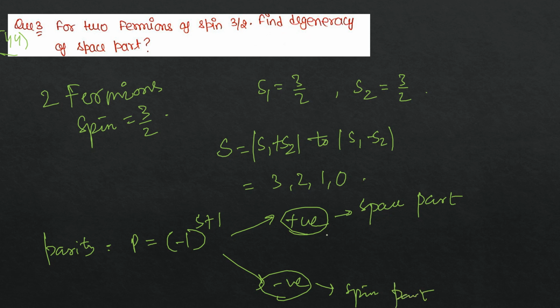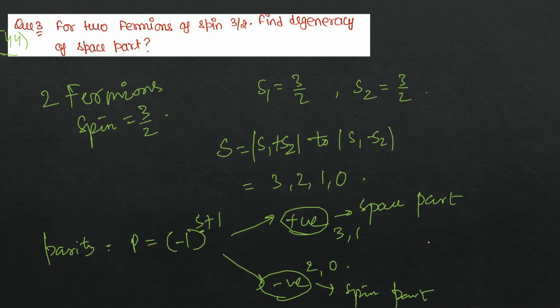So how can we get it positive? If S is odd, the whole thing becomes even and this will be positive. So 3 and 1. For the negative, the spin part, S is even: 2 and 0. Got it?